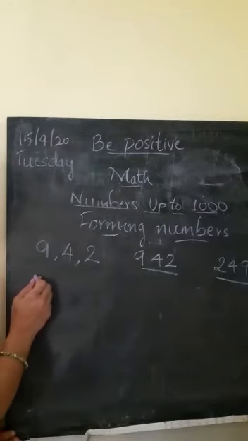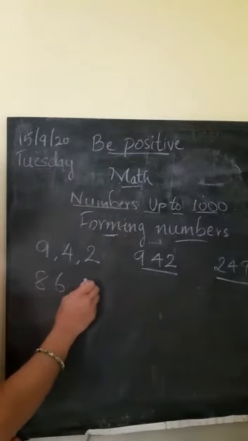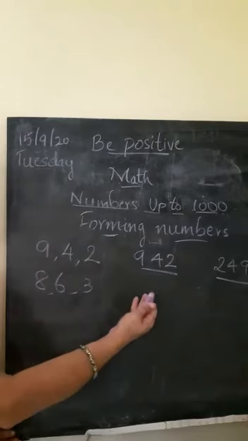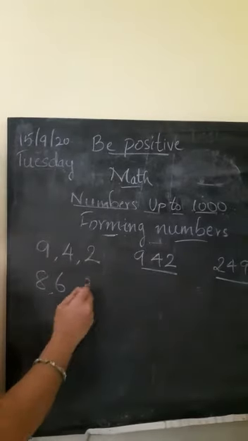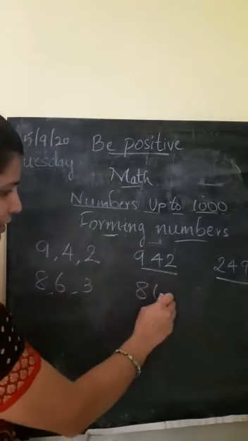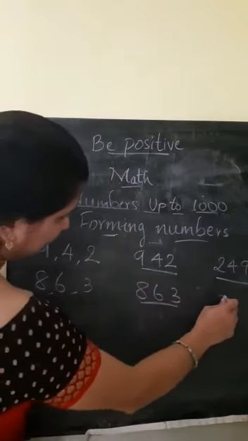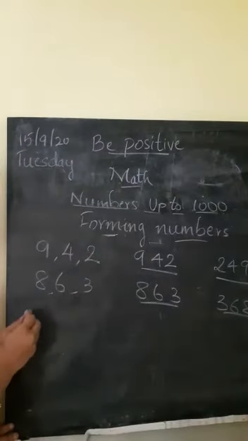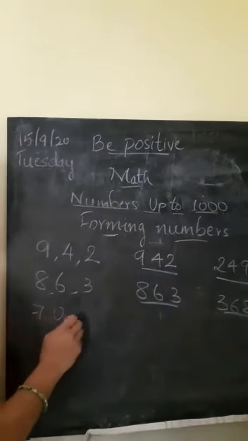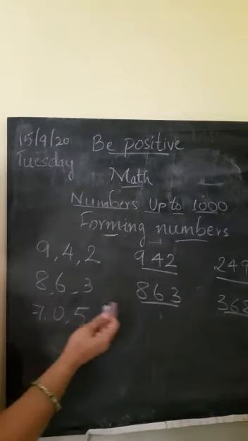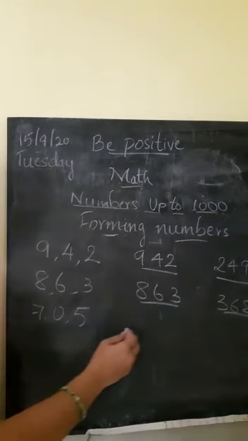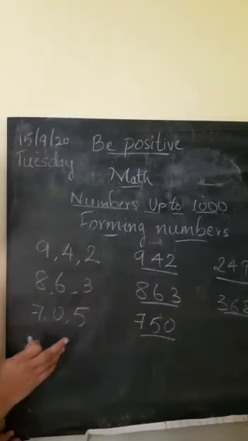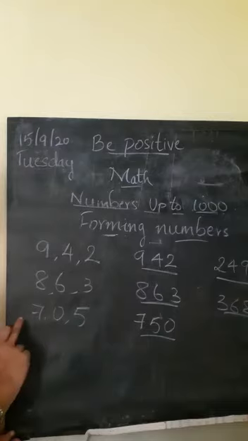Next number is 8, 6 and 3. We should use these 3 digits and form the greatest and the smallest. So greatest is 863, smallest 368. Correct? Next 7, 0 and 5. What is the greatest number here? 750. 3 digits we should form. We should not write 057.